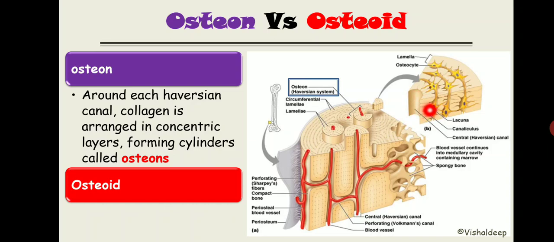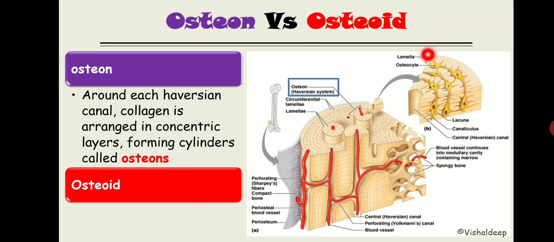Let me repeat one more time. See, this is one osteon. This osteon is made up of different concentric layers. That concentric layer has different lamellae. Inside that lamellae there is a lacunae. Inside that lacunae there is an osteoblast. It secretes the collagen fiber and makes this cylindrical layer, but it does not yet start secreting calcium and phosphate.